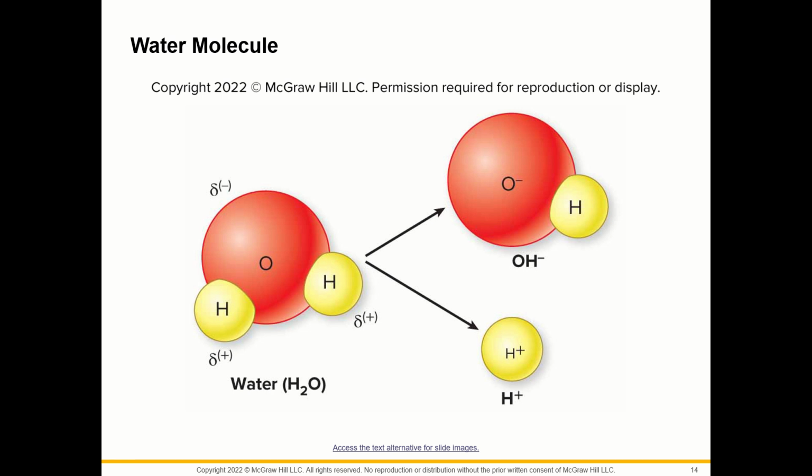Polar covalent bonds are weaker than nonpolar covalent bonds. As a result, some water molecules ionize to form a hydroxide ion and a hydronium ion, a hydrogen ion, shown here on the right side. We see the hydroxide, which is OH negative, and the hydrogen, which is H positive.